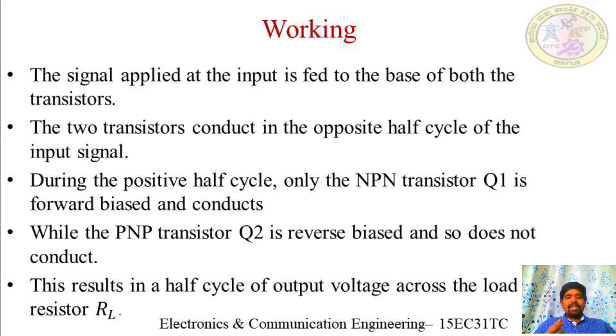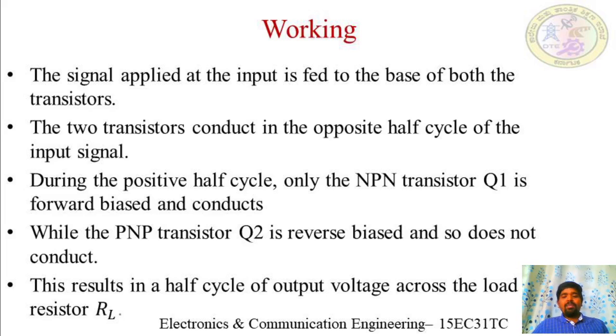When we apply the same signal to both the transistors, during the positive half cycle only NPN transistor Q1 is forward biased and it will conduct, whereas during the negative half cycle the PNP transistor conducts.